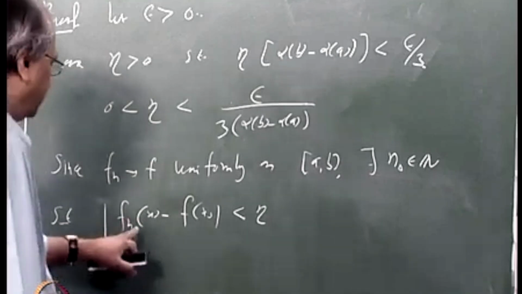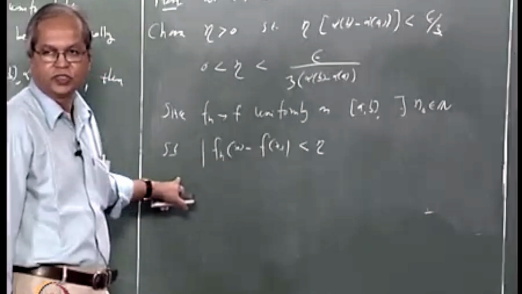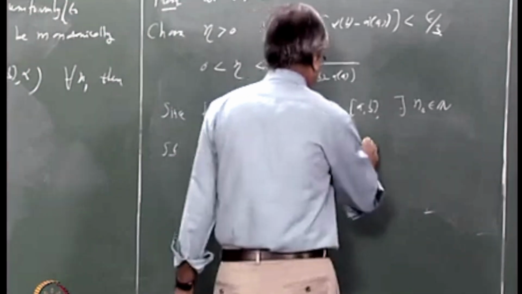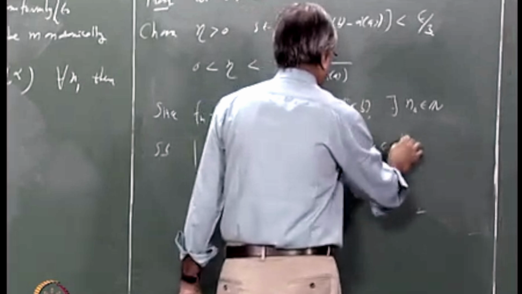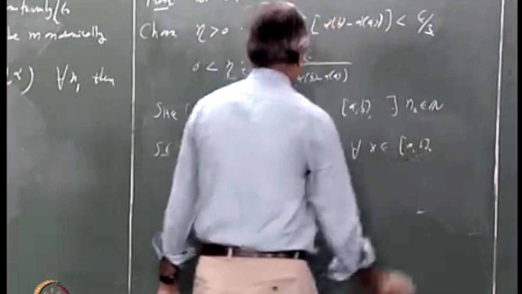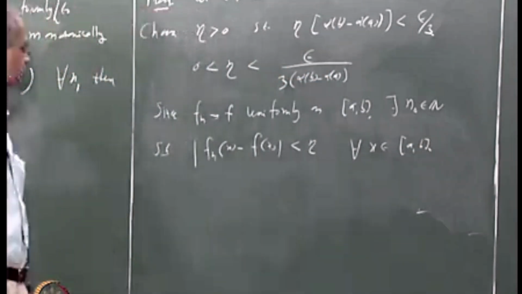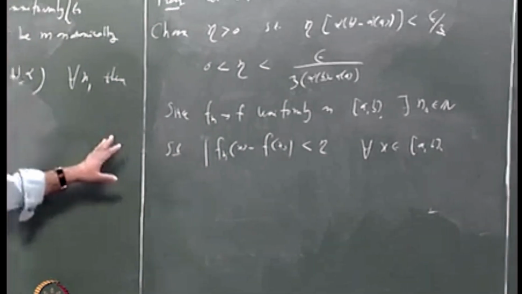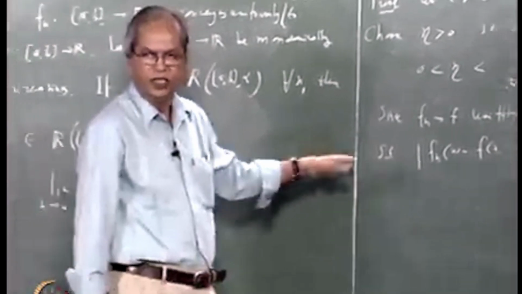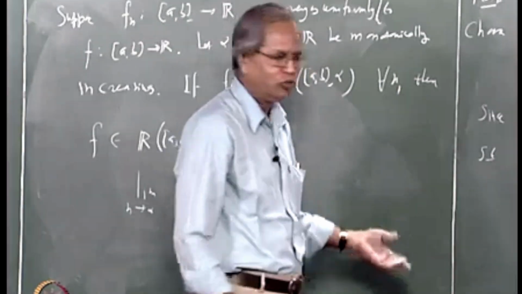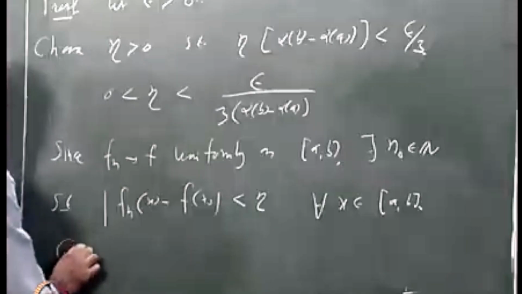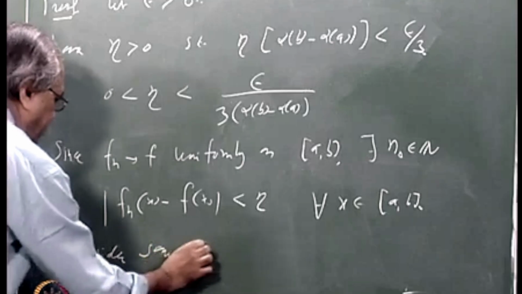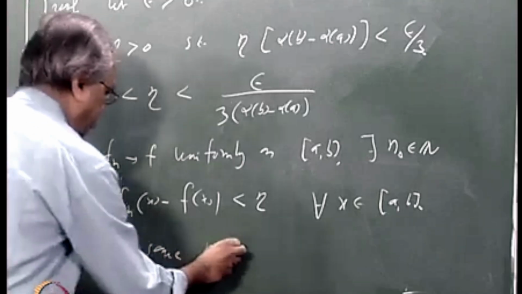Remember that this is for every x in [a, b], that is where the uniform convergence comes into the picture. Now consider one such n. You can even take n equal to n0 or n0 plus 1 or anything. So consider some n bigger than or equal to n0.